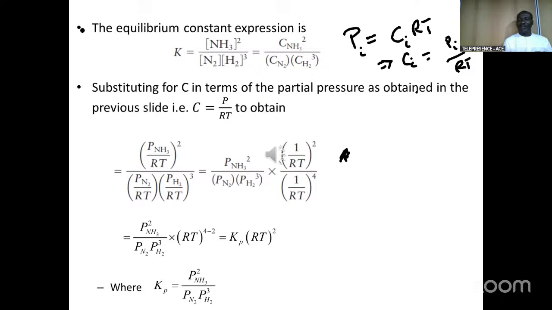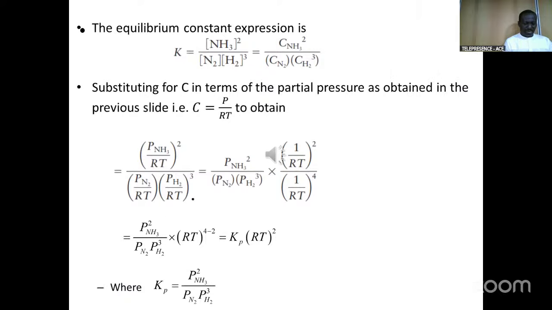Now, let me clear this. All right, so we can write that the concentration of ammonia will be equal to the pressure of ammonia over RT.